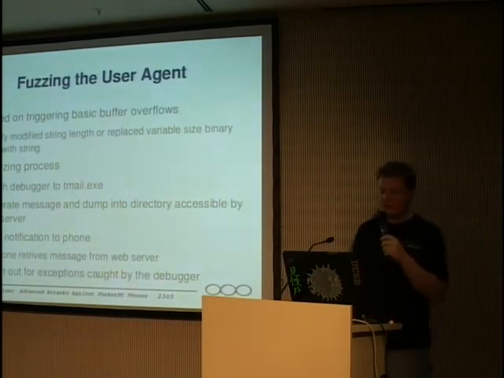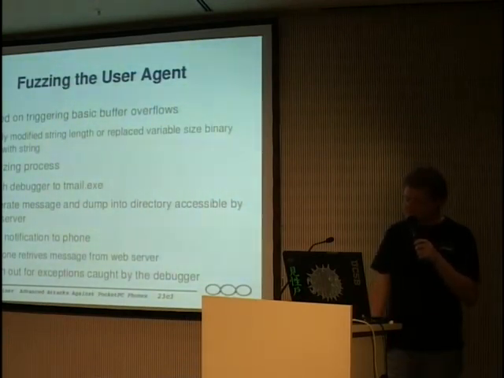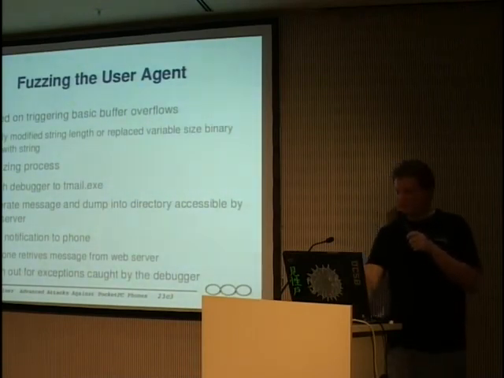Then attach the Windows embedded Visual C debugger to the target, and then just send a message. After each UDP message, the device gets the message, and hopefully at some point the debugger will say, oh, exception. And if you get the exception, there it is.